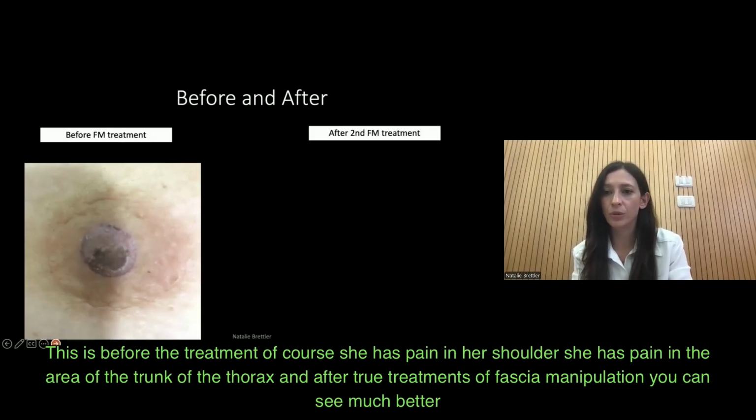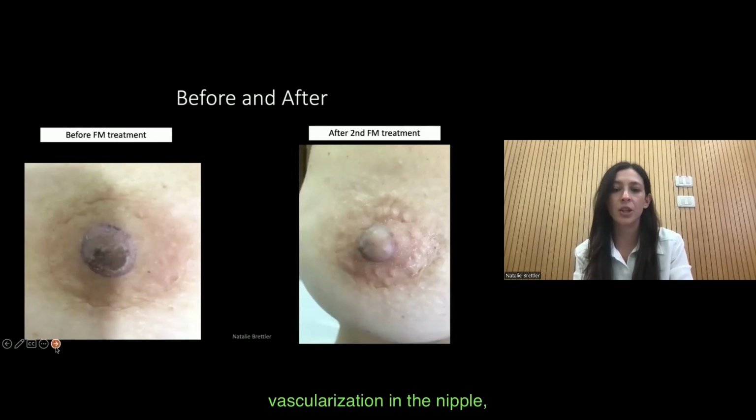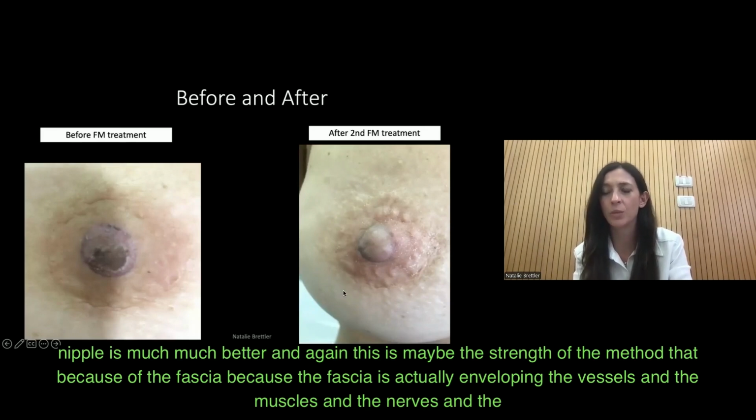And after 2 treatments of fascial manipulation, you can see much better vascularization in the nipple. The nipple is erectile. You can see that, well, still you see the tattoo that she did right here to make it look better, but you can see that the skin is much better. All the vascularization around the nipple is much, much better.